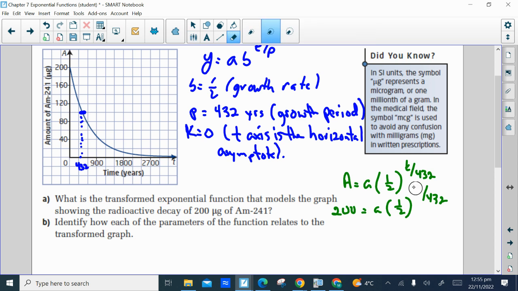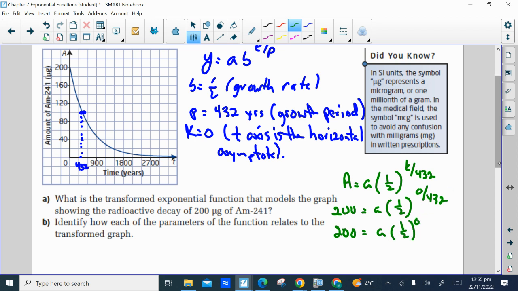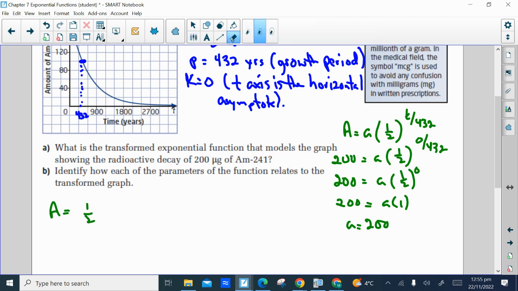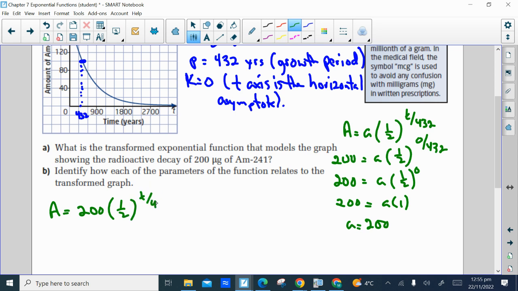Again, I'm using the point 0, 200. 0 divided by 432 is 0, so 200 will equal A times 1/2 to the 0. Anything to the 0 is 1. And so A equals 200. And our equation would be A, the amount remaining, equals just 200 times 1/2 to the power T over 432.